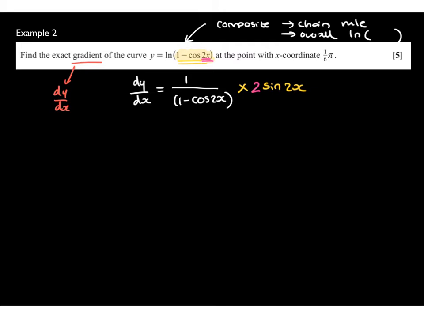So remember that it actually would have been negative 2 sine 2x, but because of this existing negative here, we end up with negative negative, which becomes positive. So this is our answer, 2 sine 2x over 1 minus cos 2x, but we have to find the exact gradient at the point with an x-coordinate of pi by 6.